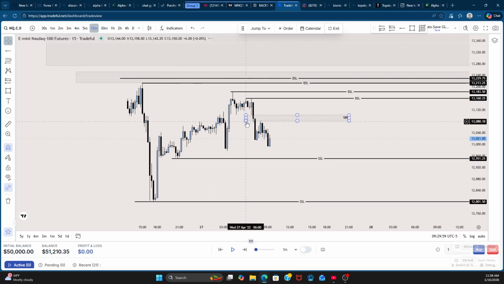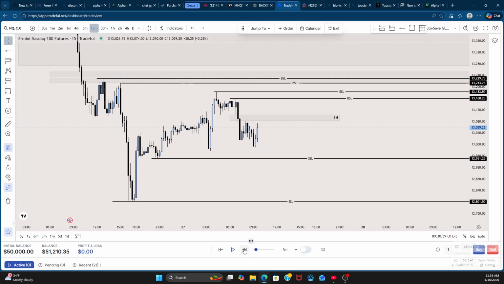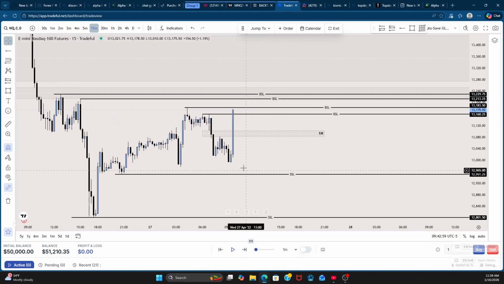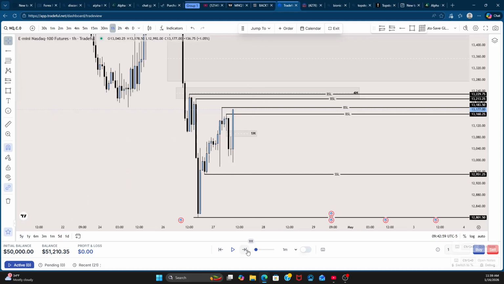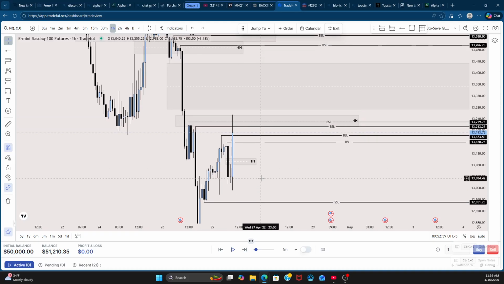We're gonna wait. Fuck. Alright, so we're sweeping buy side right now. Pushing into this 1 hour. Looks like it's going to close bullish. I'm honestly expecting us to go sell side here.